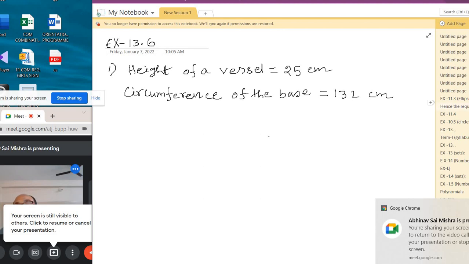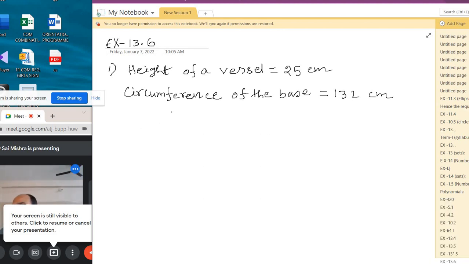We know the circumference formula is 2 pi r, so 2 pi r equal to 132, where r is the radius of the base of the cylinder. So calculate this and find the radius.